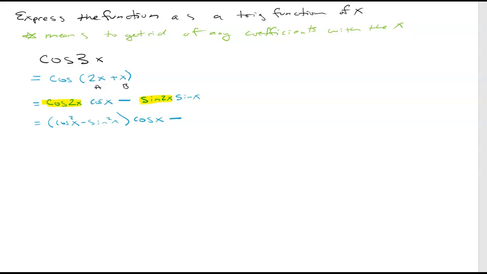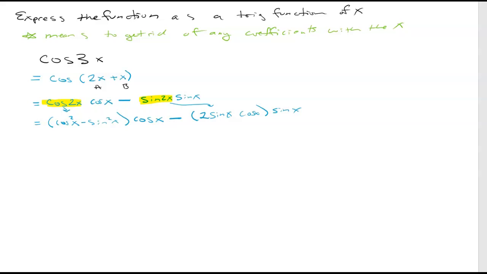And then there's only one thing I can replace the double angle of sine with, and that is 2 sine of x cosine of x, and then sine of x. So again, this guy goes right here, that guy went right here. Notice single x, single x, single x, single x, single x, single x, right? All the single x's, they're all there.